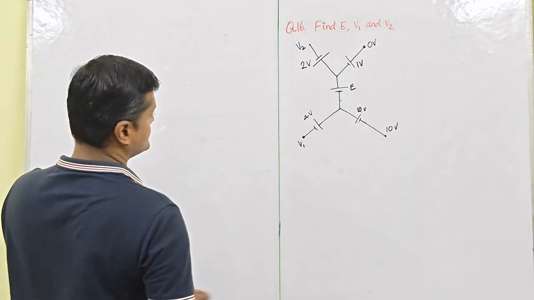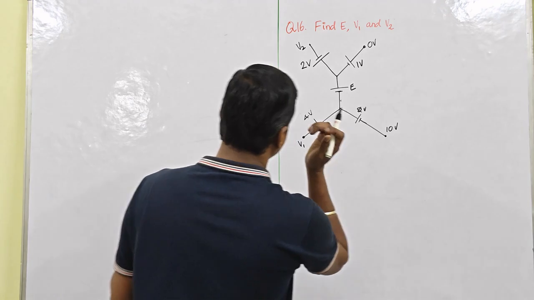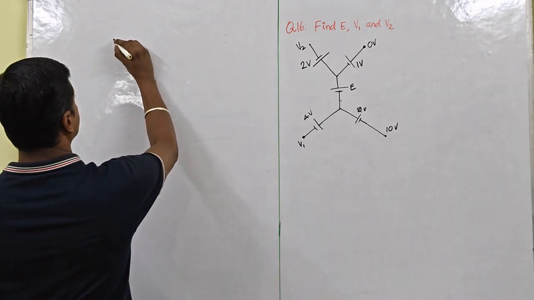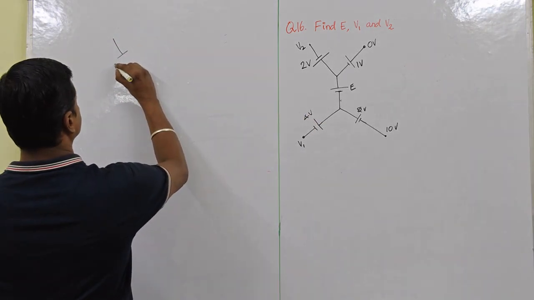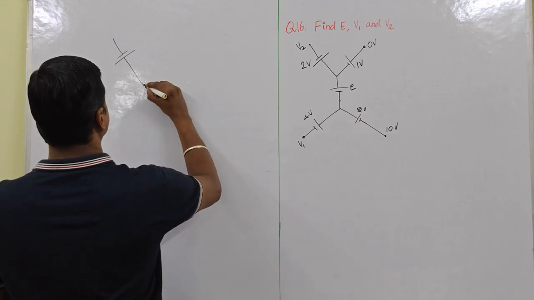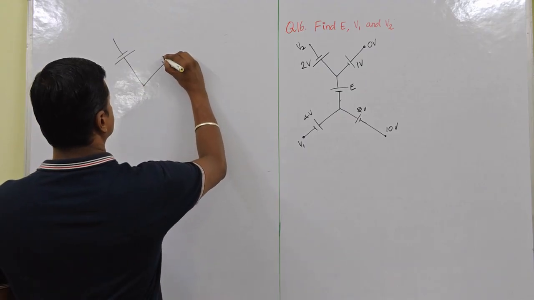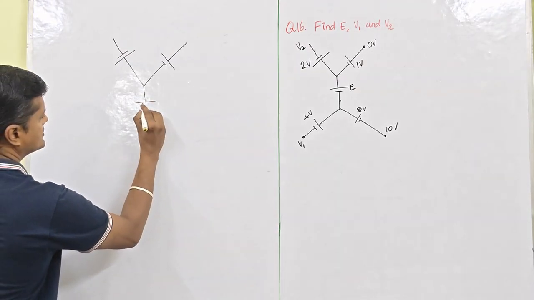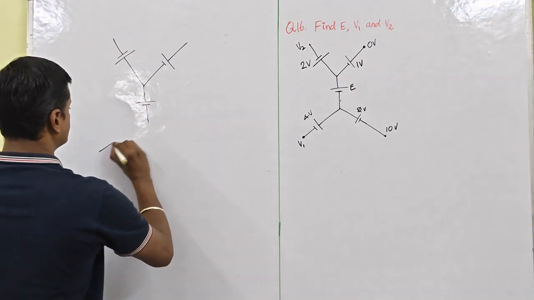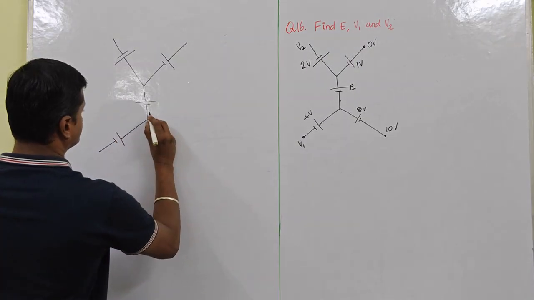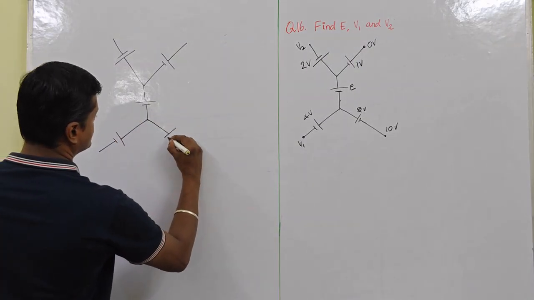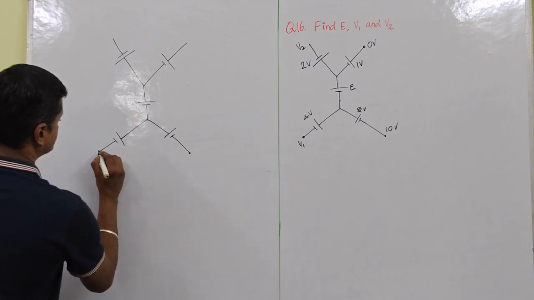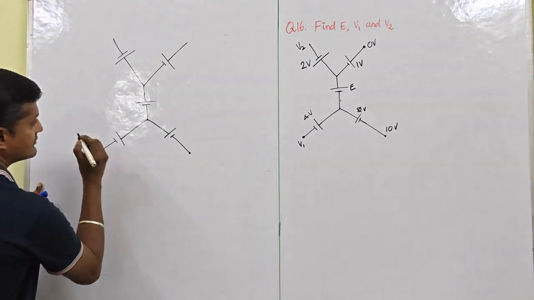Okay. First we have to draw the circuit. Then we have E, and the value we have to find, V1.